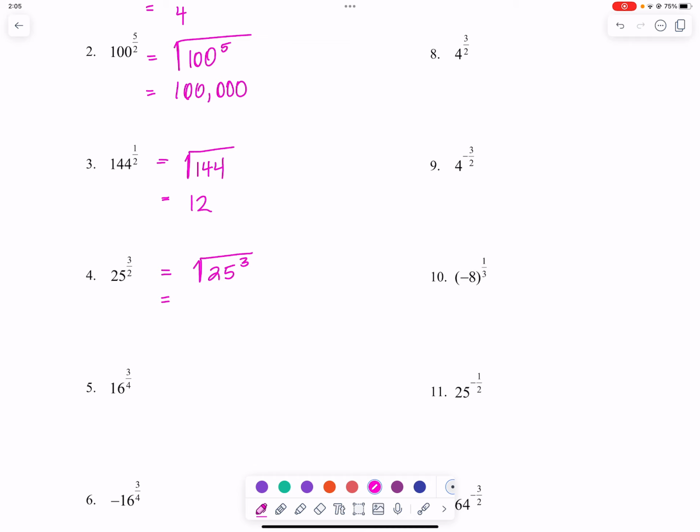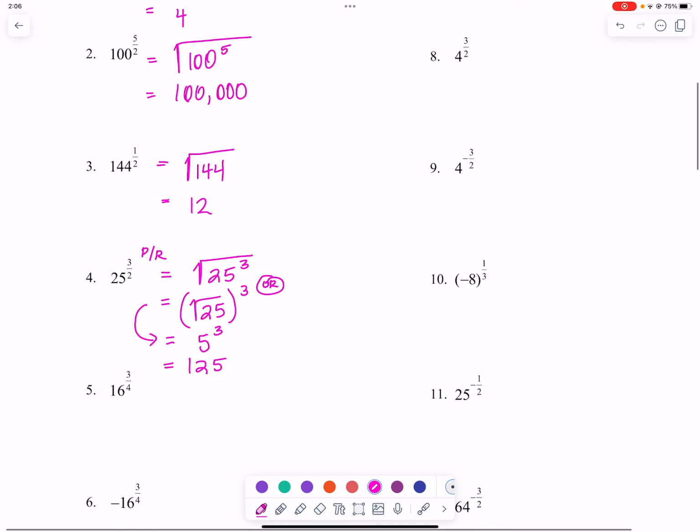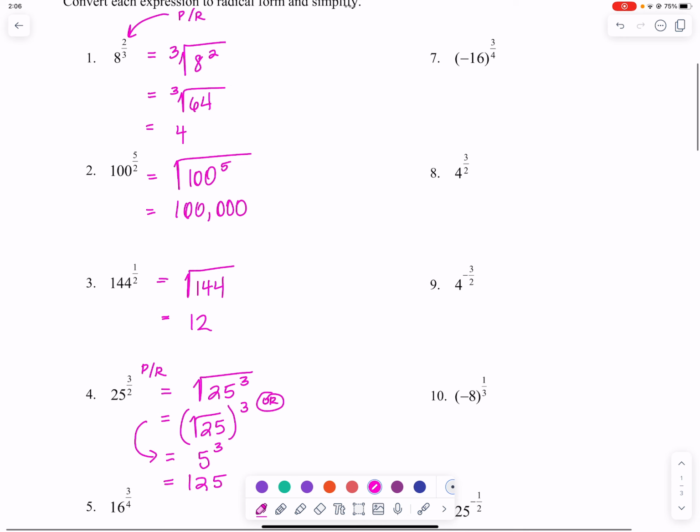Instead of cubing 25, we could also take the square root of 25 and cube it. So we are able to take power over root in whatever order we would like. I like this second one because the square root of 25 is 5, and then we cube 5 to reach 125.